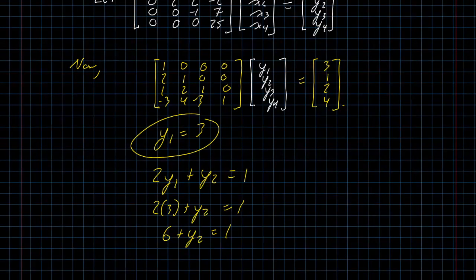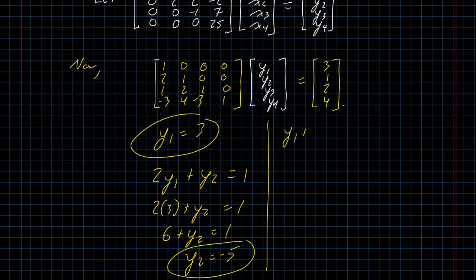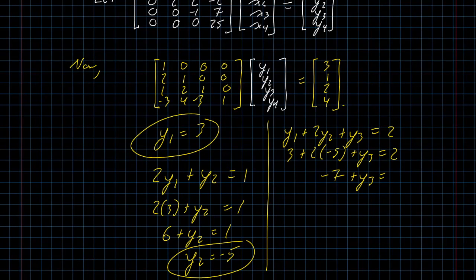I get that y2 is -5. The third row tells me that y1 plus 2y2 plus y3 is equal to 2. But I know that y1 is 3. I know that y2 is -5. Right? 2 times -5 is -10, plus 3 is -7, which means that y3 must be equal to 9.